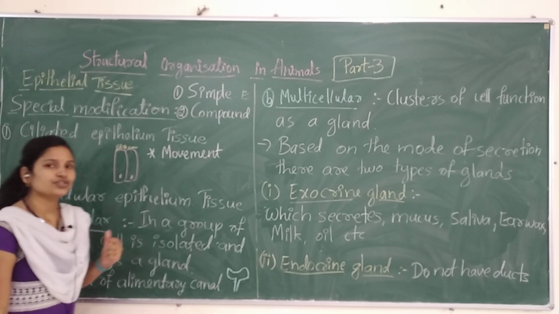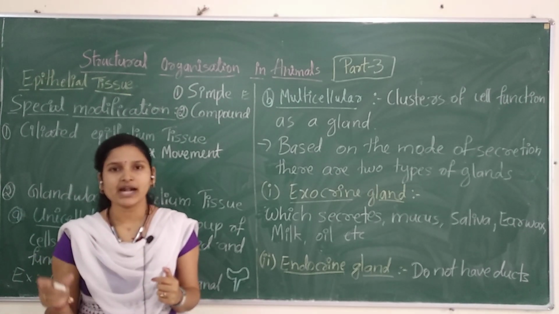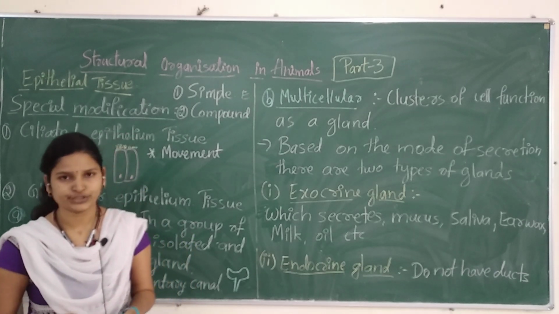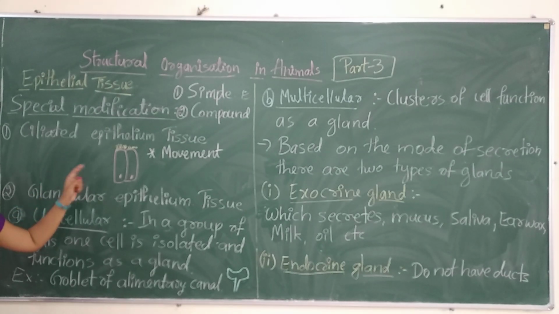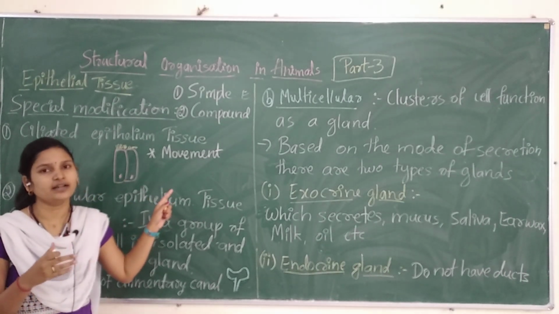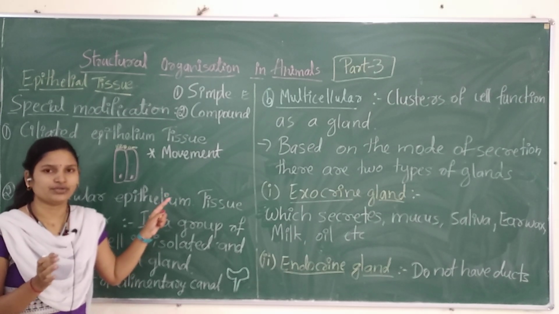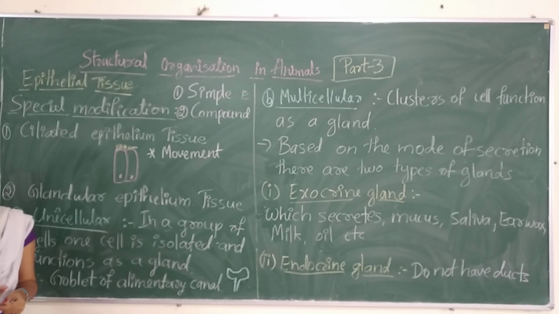And we have even seen this type of movement in the female reproductive part, that is in the fallopian tube. So the main function of the ciliated epithelial tissue is the movement of particles inside the body, or like the mucus which is going to be expelled.